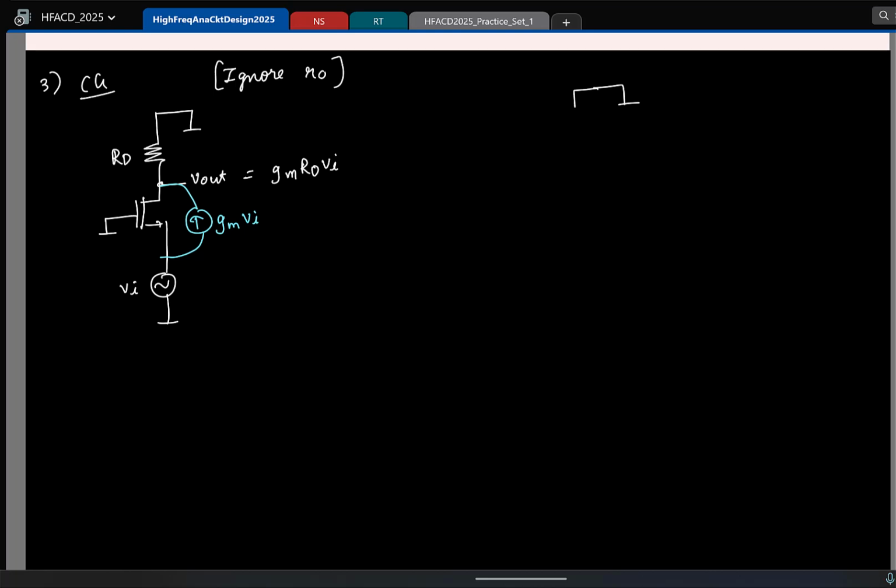So let us say I do the same thing, but the input is say a current source Iin, and I am interested in this current Iout. Again, R0 is ignored, let us say. What can you say about Iout and Iin? Both are same, right?